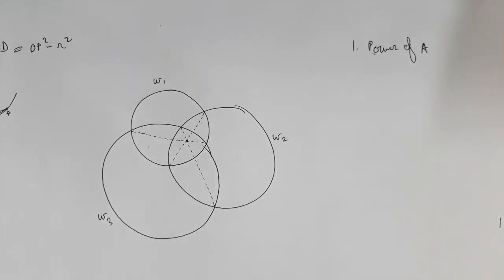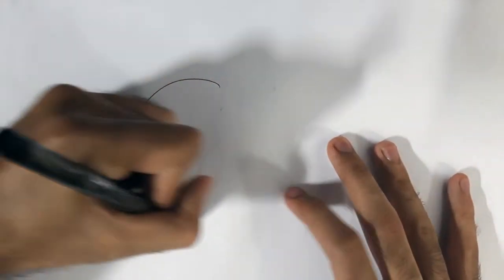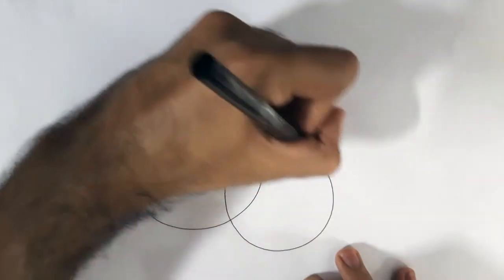Okay, now let's try to use what we've learned today in our original problem. We still have to see how common chords are related to that, right? So let's consider that first. So we have two circles now.